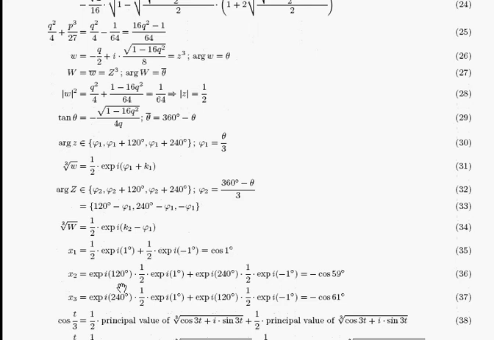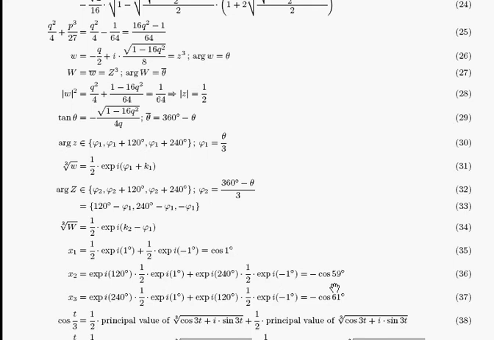X2 is unitary z plus unitary overlined big Z. So we have exponential of 121 plus exponential of 239, and they will cancel, and we will have the cosine of 121.